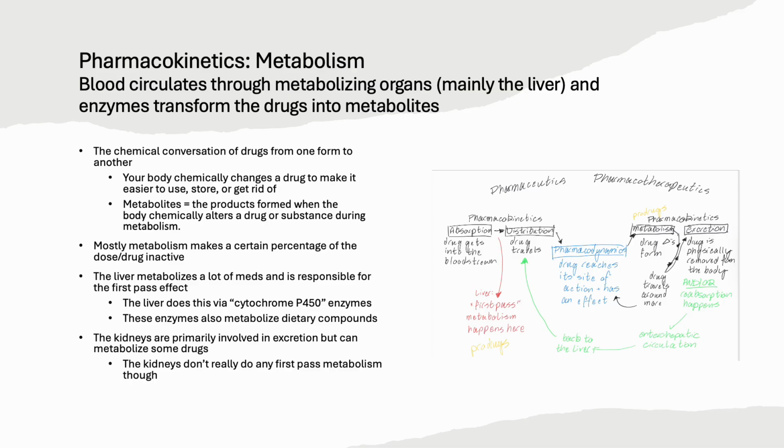The kidneys are mostly involved in excretion, but they can also metabolize some drugs, but the kidneys don't really do any first pass metabolism. So right now we're talking about the metabolism that happens after pharmacodynamics in the liver through the cytochrome P450 enzymes. First pass metabolism also uses the cytochrome P450 enzymes, but now we're going to get more into detail about them.